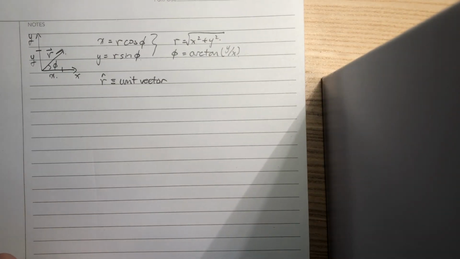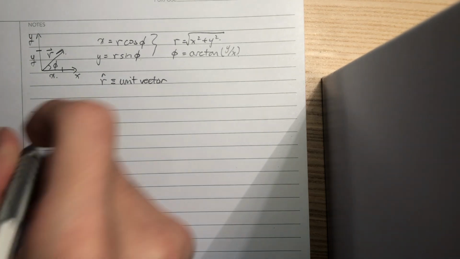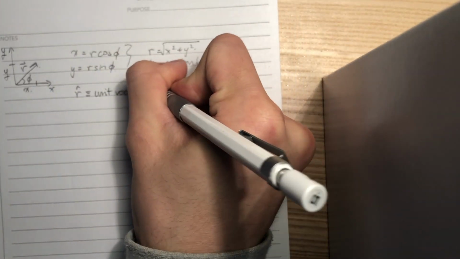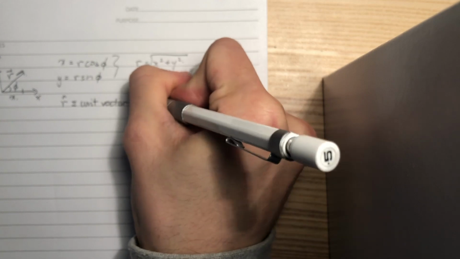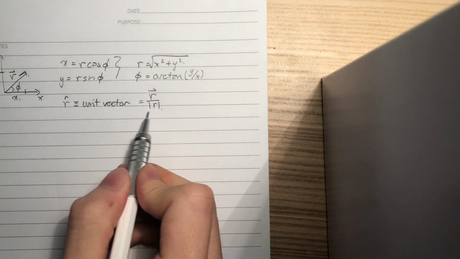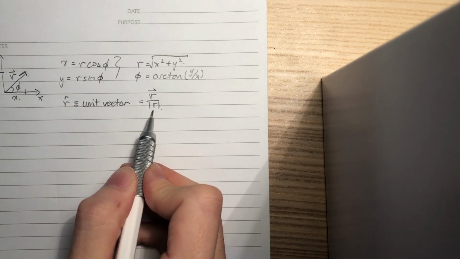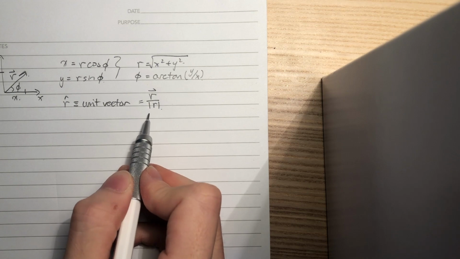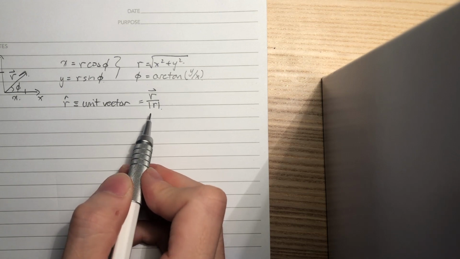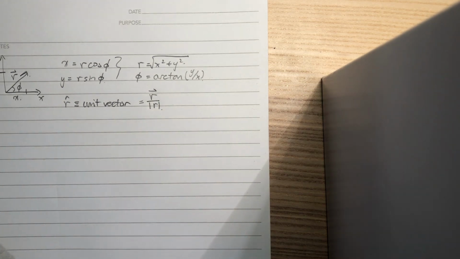A unit vector has the same direction as r, but it only has magnitude 1. So it is equal to r over the magnitude of r, and this r with two bars means the magnitude of my vector r, basically the length of my vector.